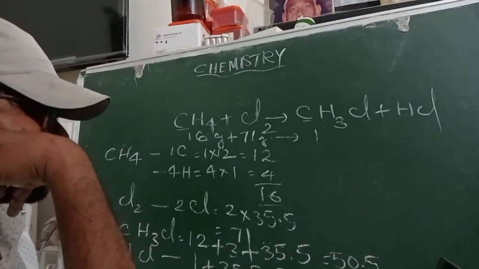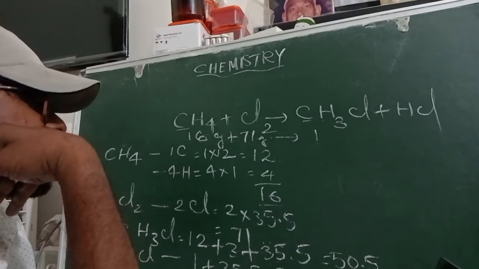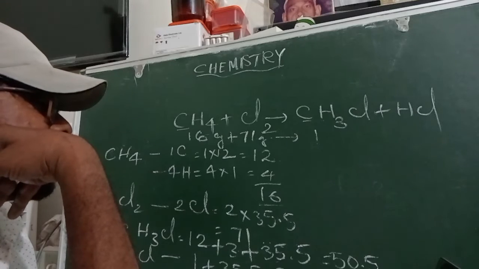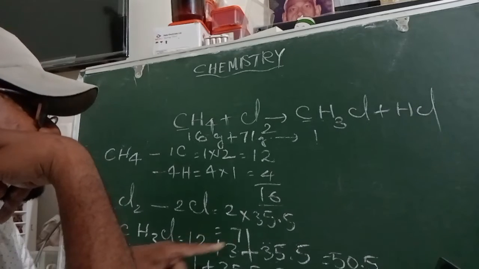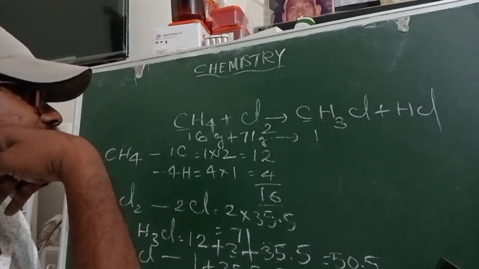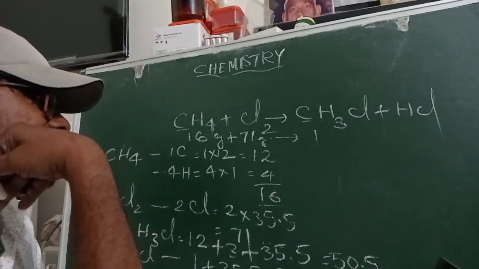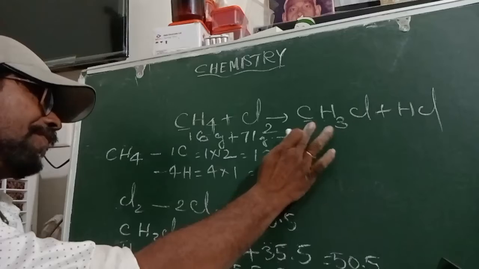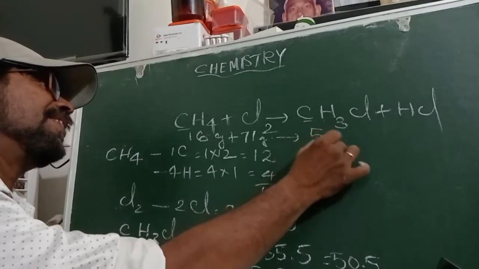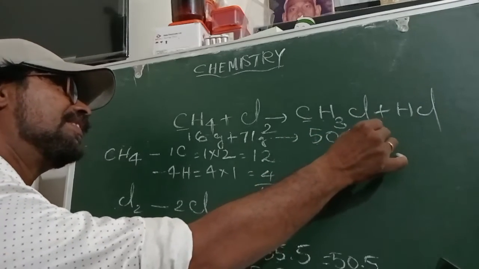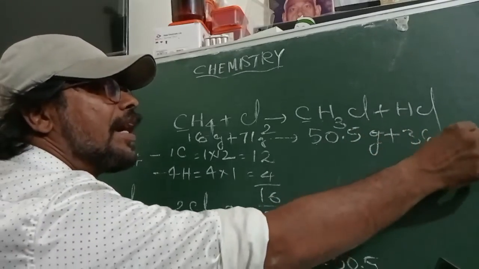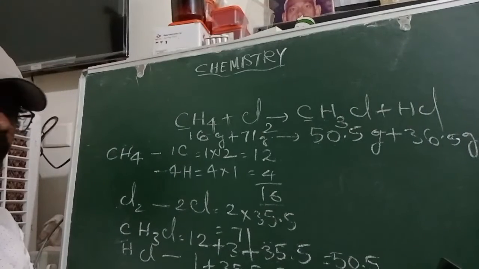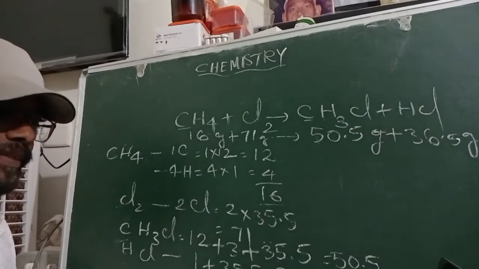Now observe. So 50.5 and 36.5, that is 87. So here also 71 plus 16, 87. Okay. Now this is how much? 50.5. This is how much? 36.5 grams. This is the equation. Observe this one once.